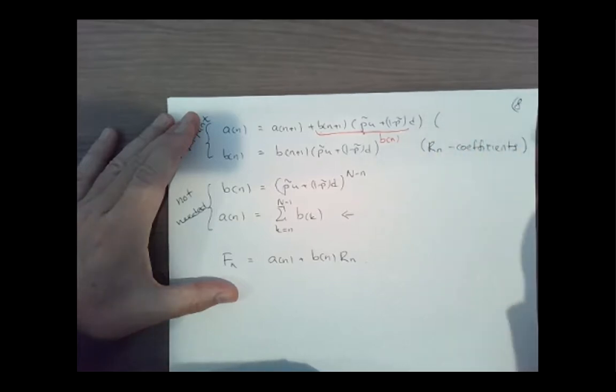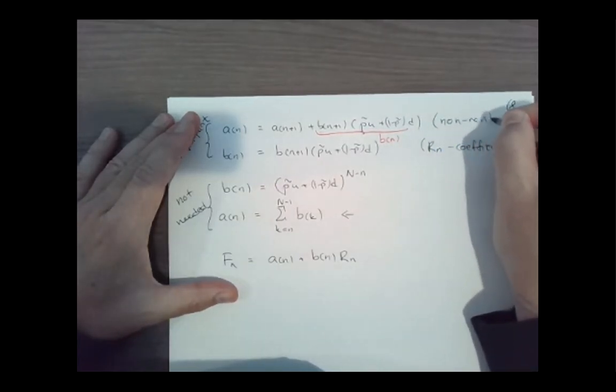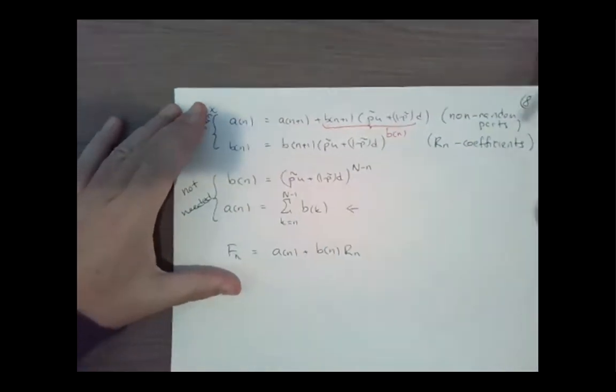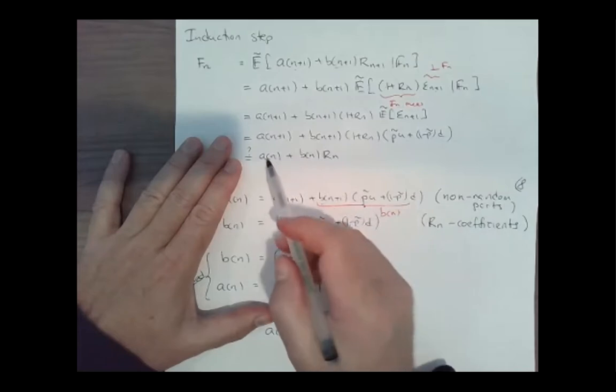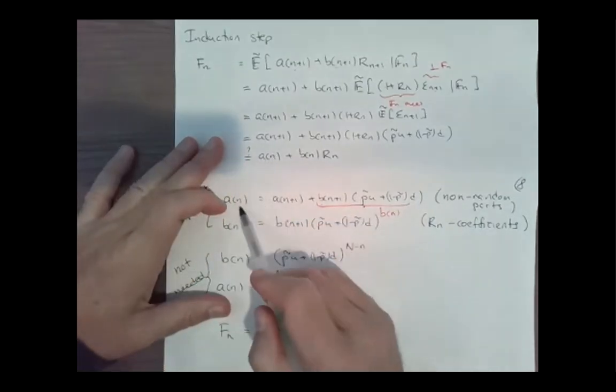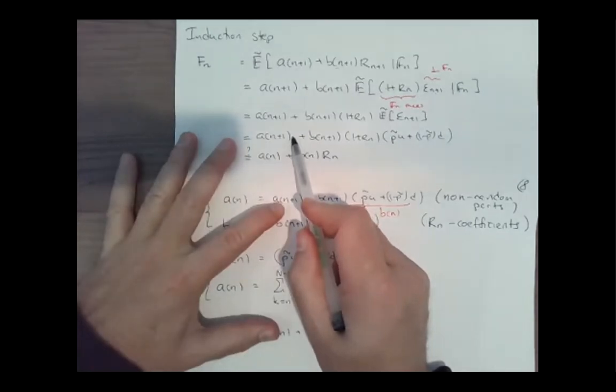These ones here are the non-random parts. So let's look at the non-random parts. Everywhere there is an R, we just forget about it. So you have AN, that's this one. And then you have AN plus 1, that's this one.